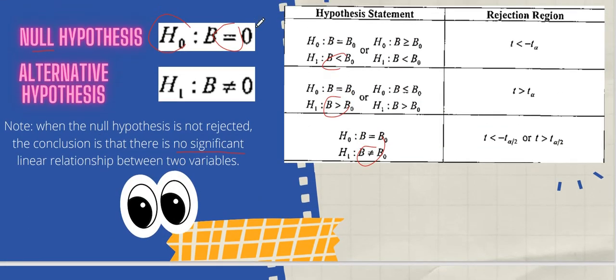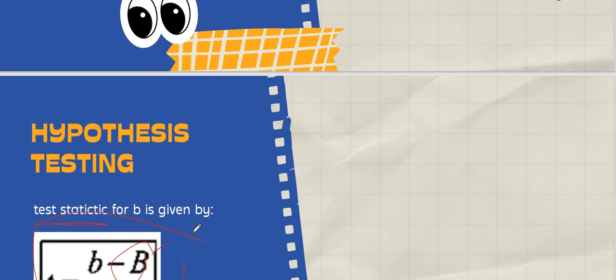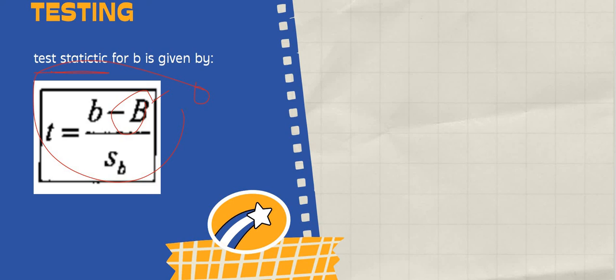Sometimes there are numbers other than 0, but usually it's given as 0, so you just replace your B with 0. There is no example video, maybe you can refer to your textbook, because if I upload the example, nobody wants to watch it.